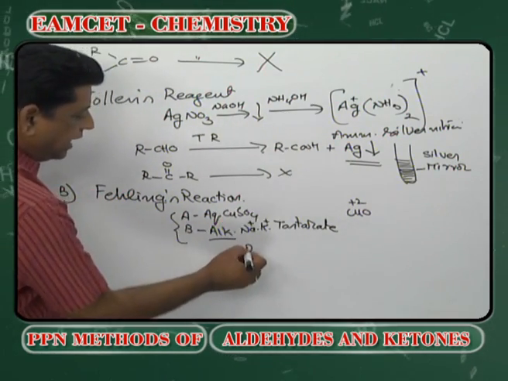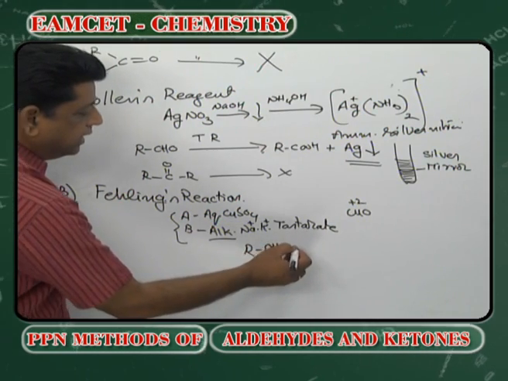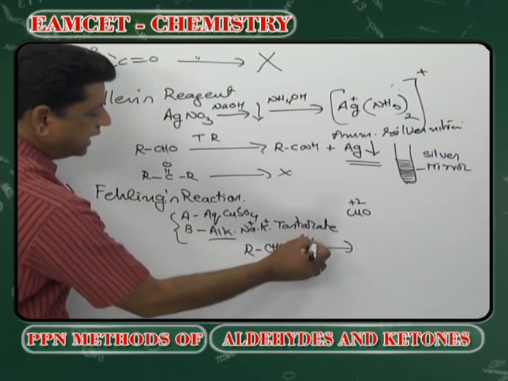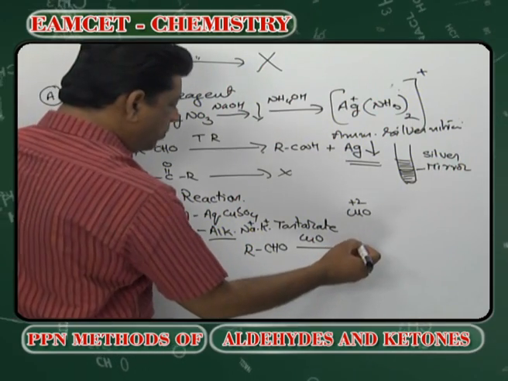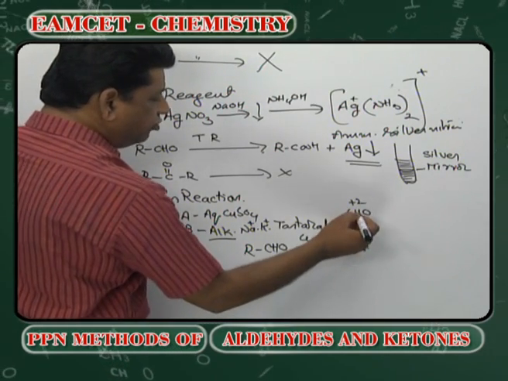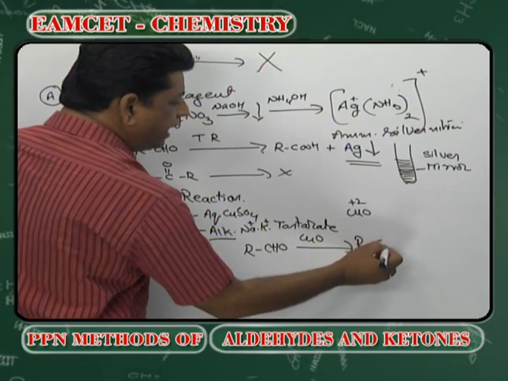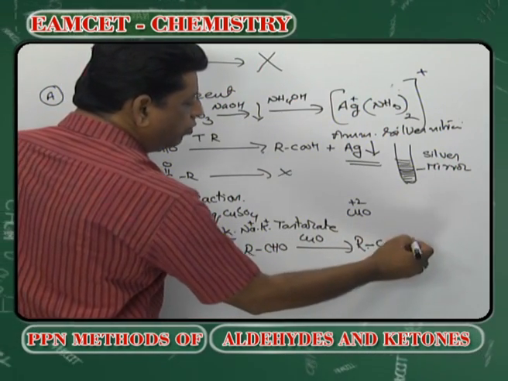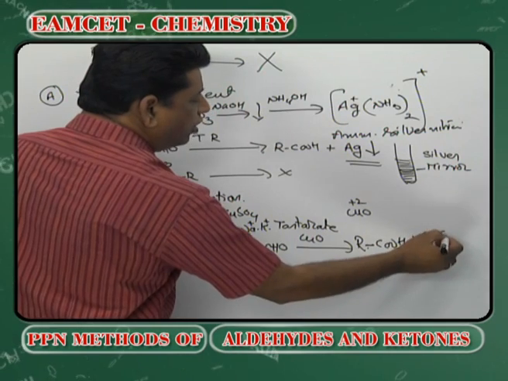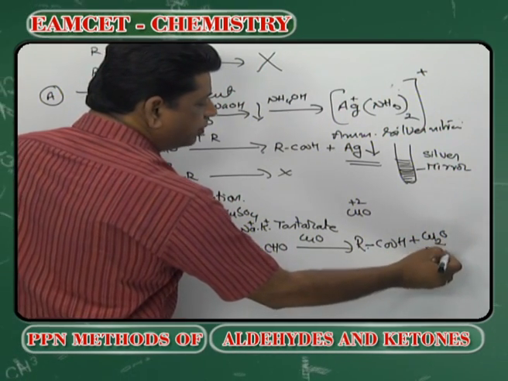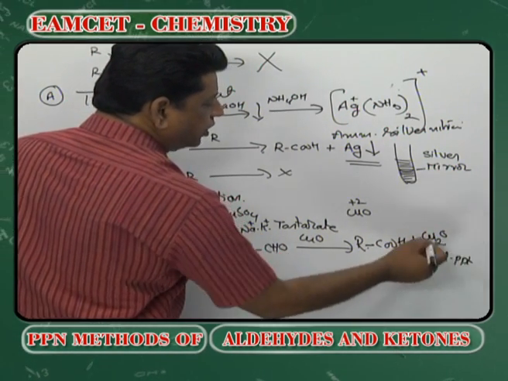When I take an aldehyde, it is readily oxidized by this cupric oxide, which becomes cuprous oxide. CuO becomes Cu2O and the aldehyde becomes the acid. Cu2O is a red precipitate.